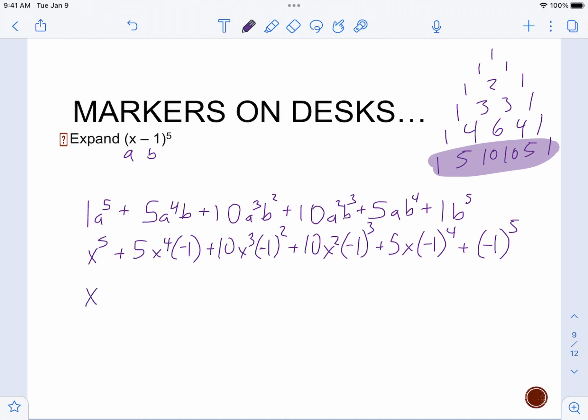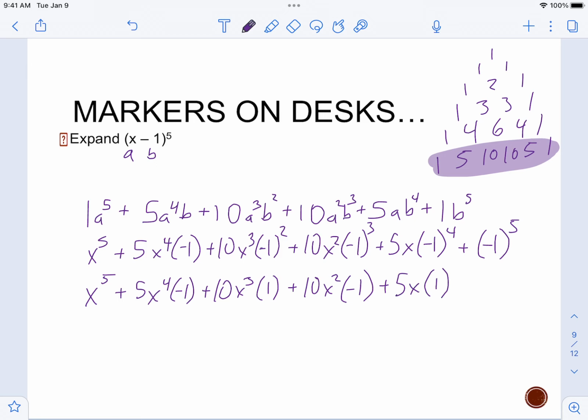All right, so the first term, x to the fifth, plus 5x to the fourth, that -1 stays the same, 10x cubed, -1 raised to the second power becomes a +1. 10x squared, -1 to the third is a -1 because it's an odd power. So all of the odd powers will stay negative and all of the even powers will change positive.